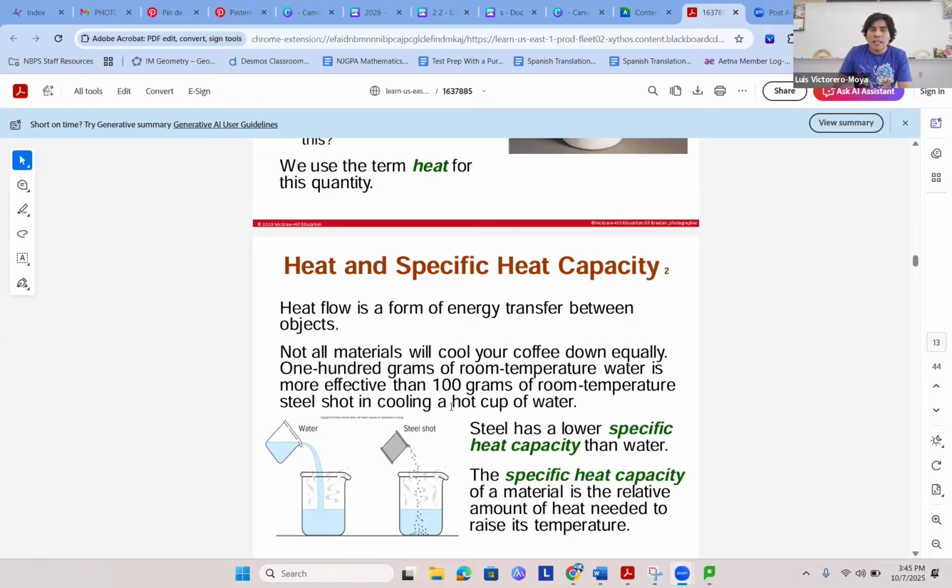That means you need 4,186 joules to increase its temperature by 1 Celsius. That is about 1,000 calories, which we know as 1 kilocalorie. 1 calorie is about 4.18 joules.